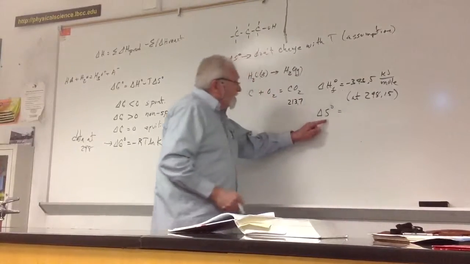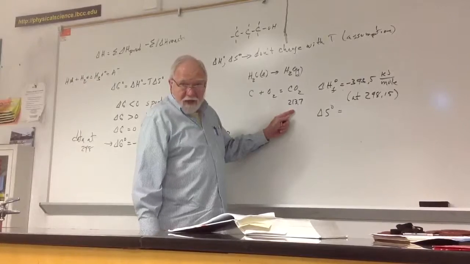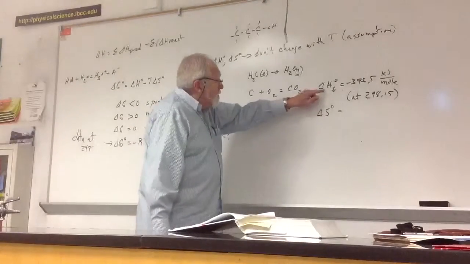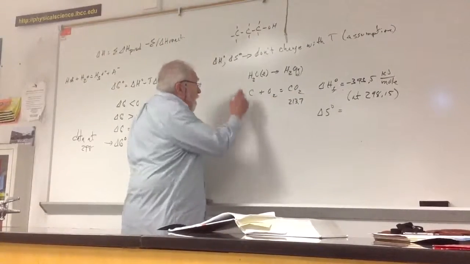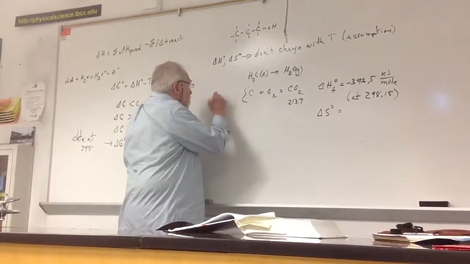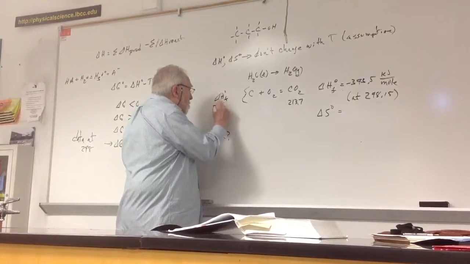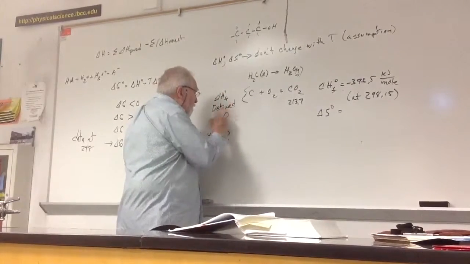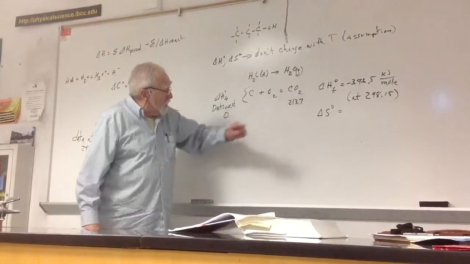So they say delta S zero for the reaction is 213.7, but it's not. The reason this is the delta H for the reaction is also the delta H sub F is that these things were defined as 0. So whatever we measure for this reaction gives you delta H.